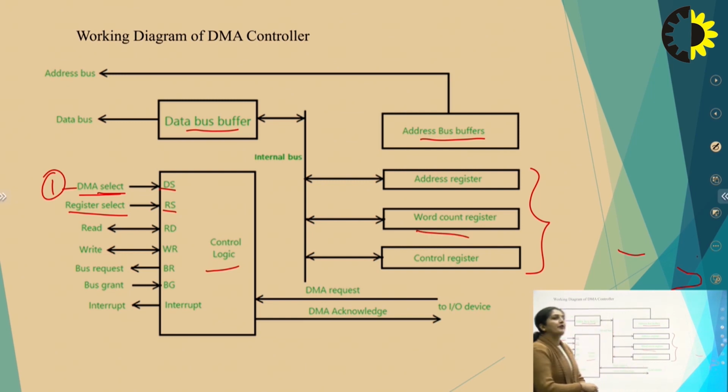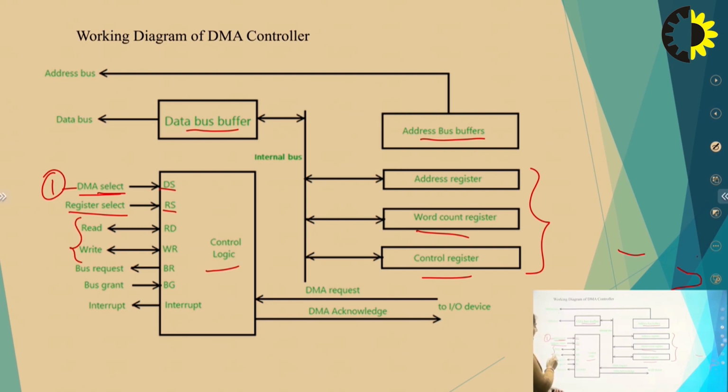It is the number of read or write operations we have to perform, the number of data words. And the control register tells us what will be done with that data, either we are reading that data or we are writing that data.